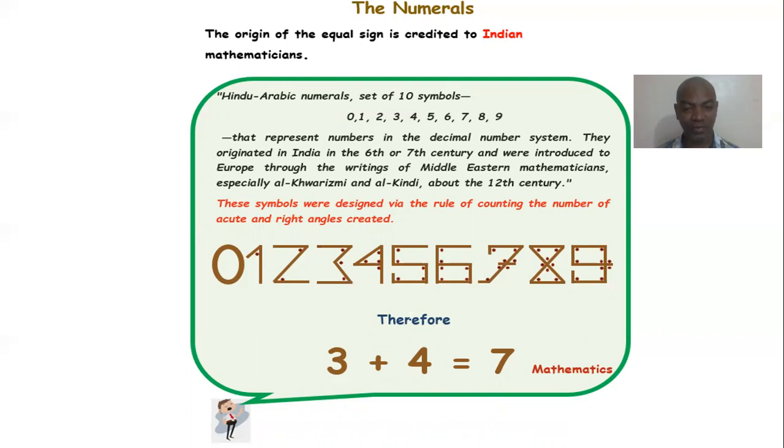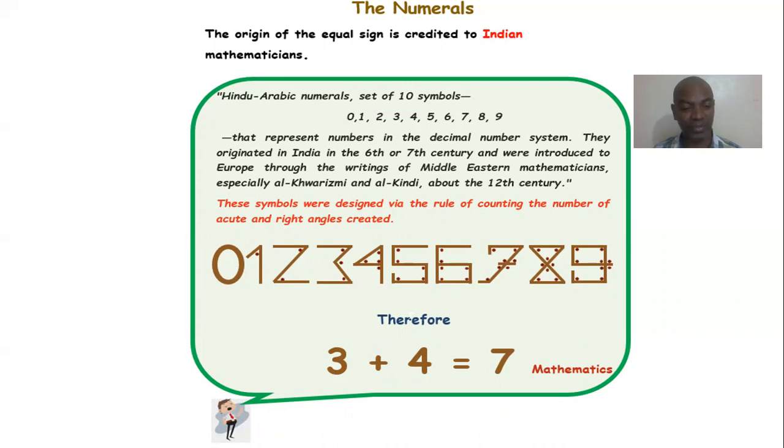So instead of writing strokes, one symbol to represent the value, they very ingeniously designed a symbol with the number of angles, acute and right. With that, the whole counting is represented in one symbol.